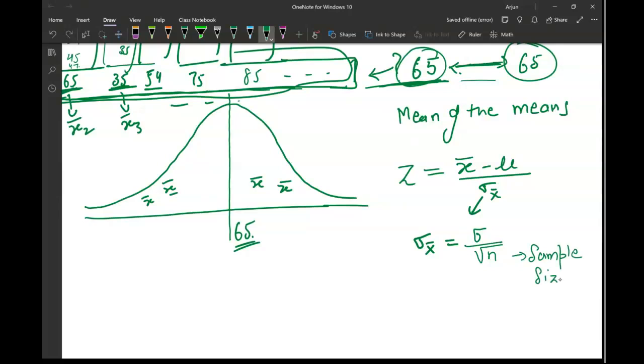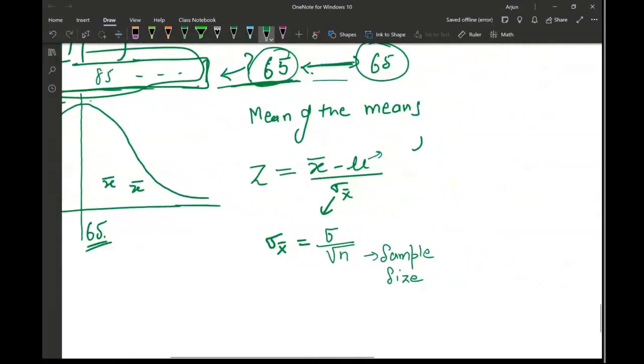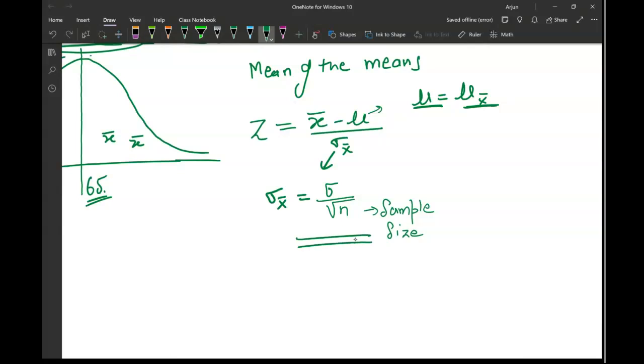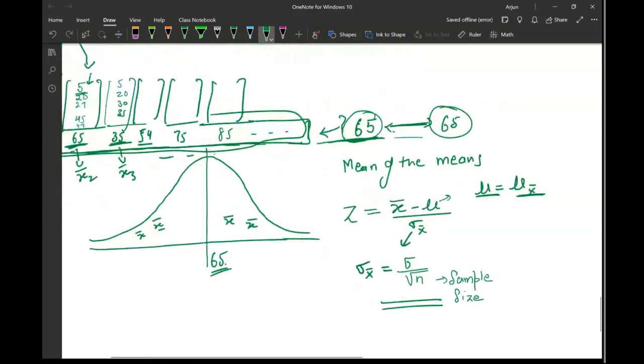And this mean is equal to the mean of the samples. So the mean of the population is the same as the mean of the sample means. So this is the formula we're going to use to solve the problem.